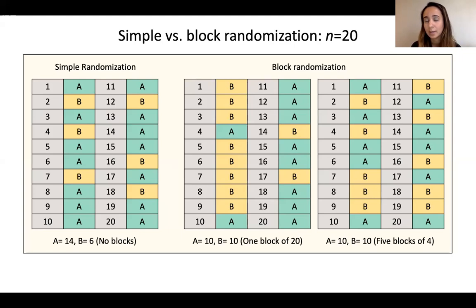Again, as Wilson said, this way you will have the same 10 and 10 in both groups, which is great. But if one group is recruited first and the other group in the second part of the project, that can influence the result in the end.